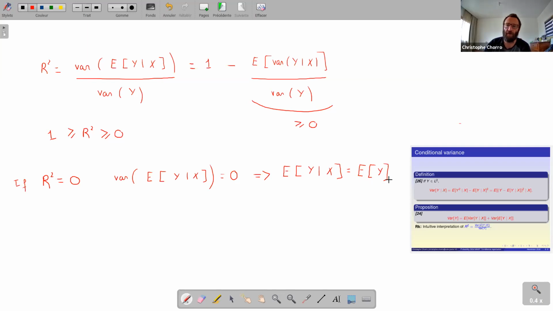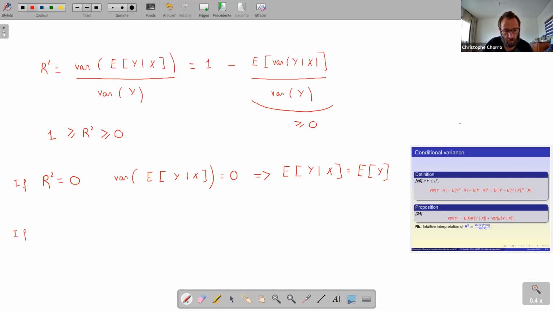So enlarging the set of approximations gives you absolutely nothing more. So when R square is 0, the conditional expectation of y given x is a bad approximation of y, because it can't do better than approximating with constants. So it's the first case.